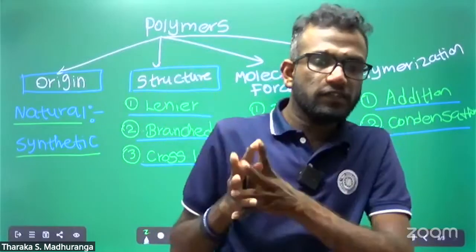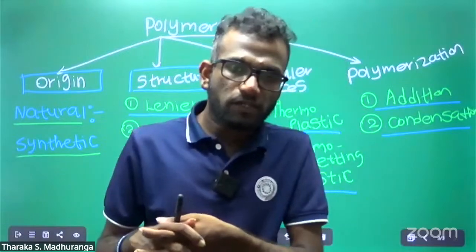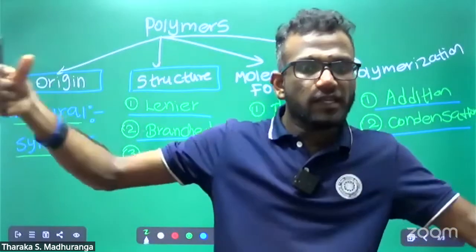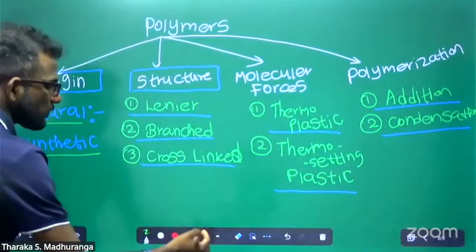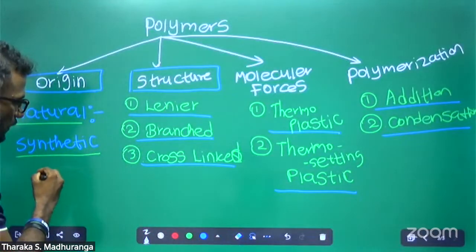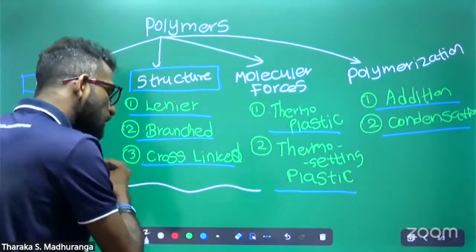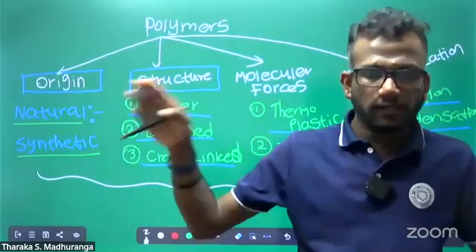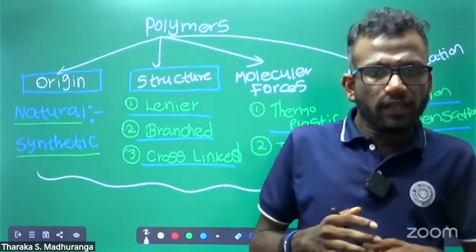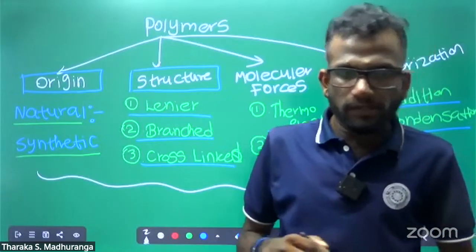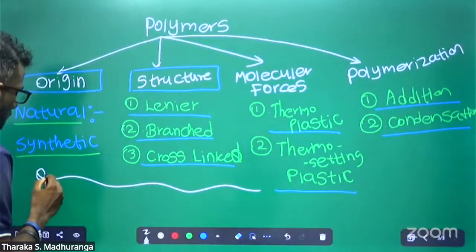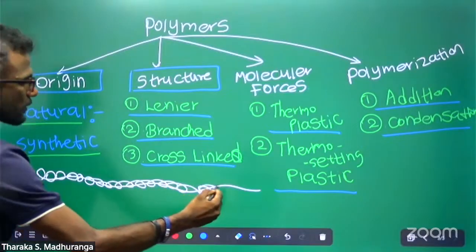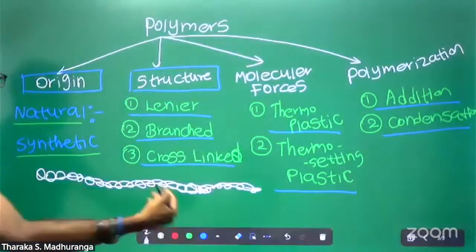This is the same. In the primary structure of protein, only the amino acid chain, that's linear. In a linear polymer, the amino acid chain or whatever monomers combine as a chain, as a straight line. That's the linear polymers. That means monomers are combined as a line, like a chain. Very simple.